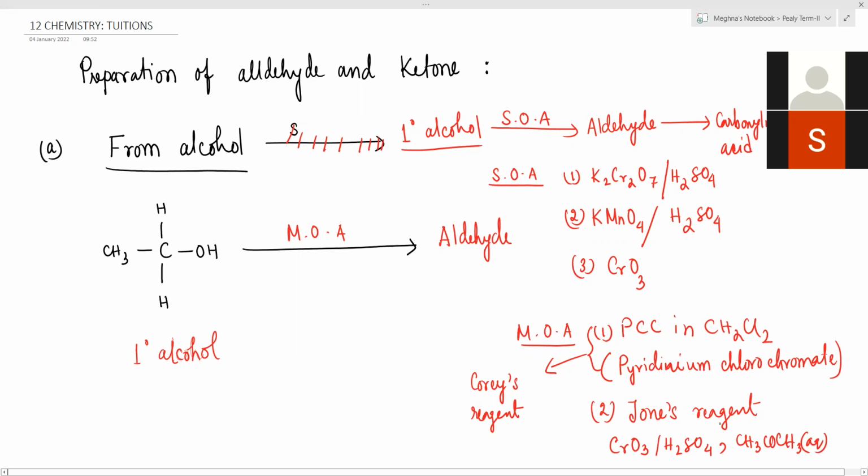This is called Jones reagent. They come under the category of mild oxidizing agents. They stop the reaction in between, so 1 degree alcohol is converted into aldehyde. Everyone clear there? I hope it's clear. Yes, ma'am.